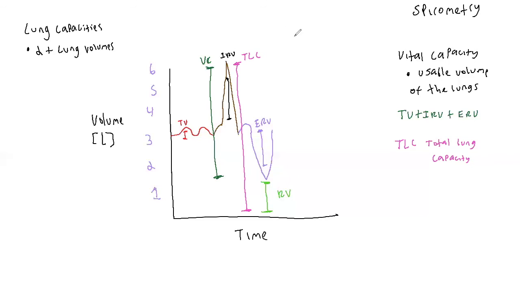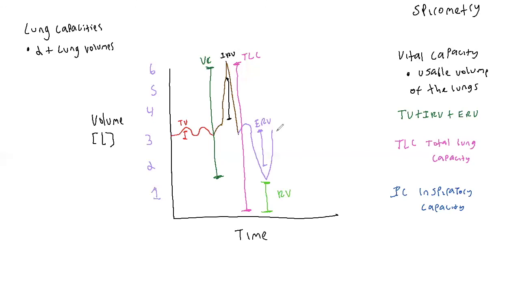And next we're going to have inspiratory capacity, which is going to be TV plus IRV. So now we have IC, which is inspiratory capacity. This is going to be the total amount of air that your lungs can take in. So it would be, after a normal exhale, you would inhale maximally.